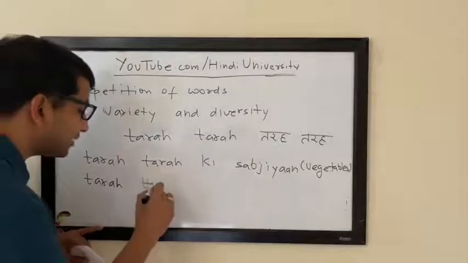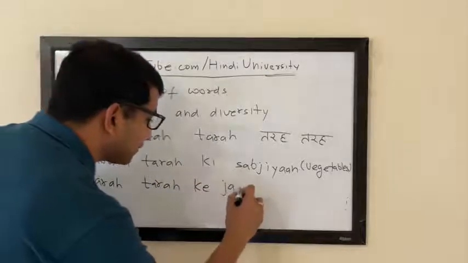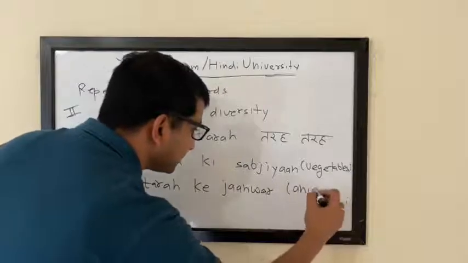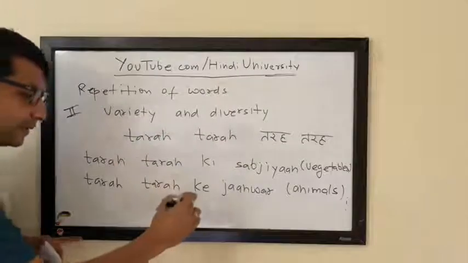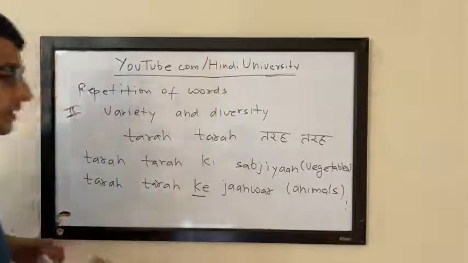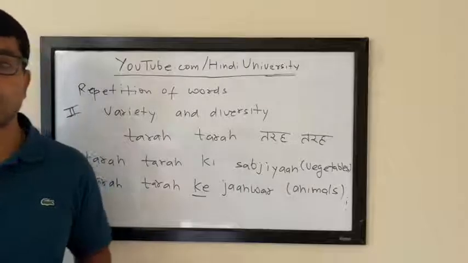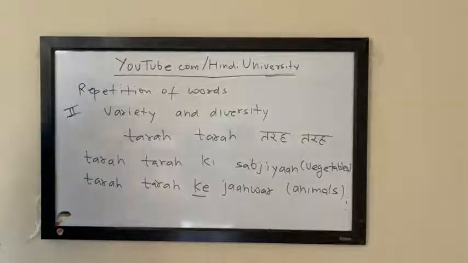Like you imagine yourself writing an essay. तरह के जानवर, animals. In this case it's plural. Plural is also the same, but that's why it is K. तरह के जानवर. मैं सेंचुरी गया और मैं जू गया, वहाँ पे तरह के जानवर थे. That wide variety of animals. Okay.